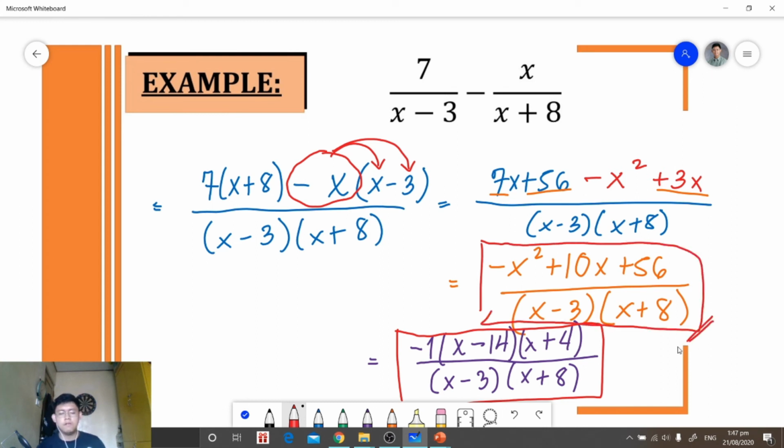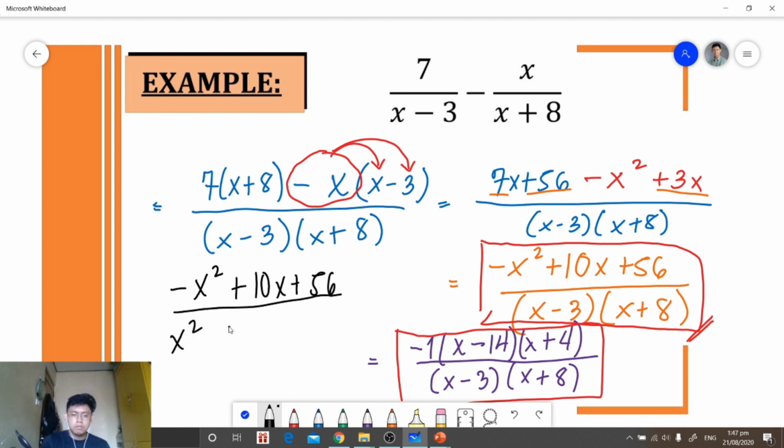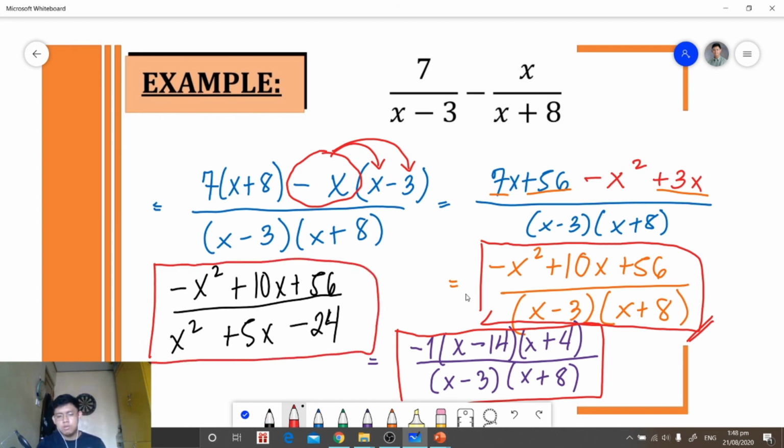You can expand the denominator if you want. It is just the same. Or you can write this: negative x squared plus 10x plus 56 all over x squared plus 5x minus 24. This is also possible. If I'm your teacher, I will consider any of the three answers.